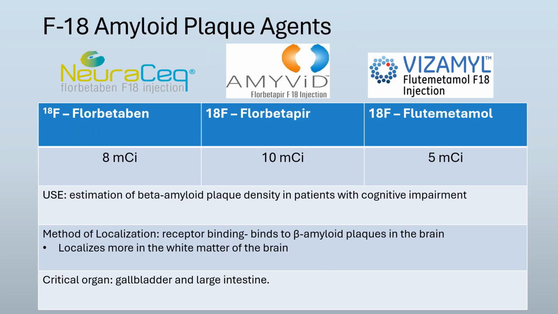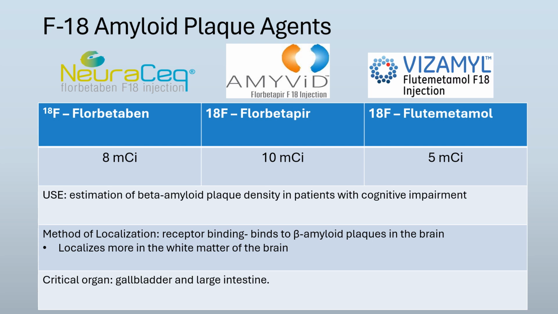Now for the F18 amyloid plaque agents, the commercially available ones are Neuraceq, or florbetaben, Amyvid, also called florbetapir, and then flutemetamol under the trade name of Vizamyl.